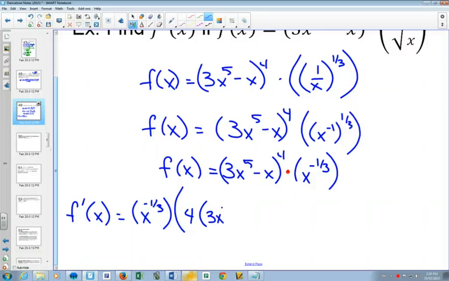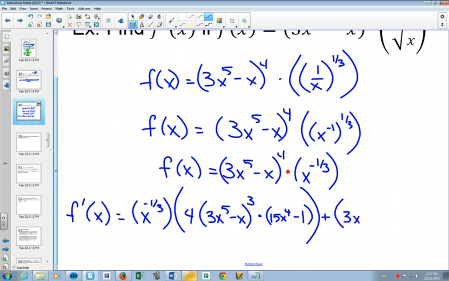Derivative would be keep the inside the same, just do the power rule first, and then multiply that by the derivative of the inside, which will be 15x to the 4 minus 1. Plus, keep the second one the same, and the derivative of the first one.